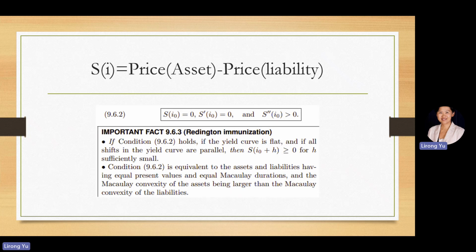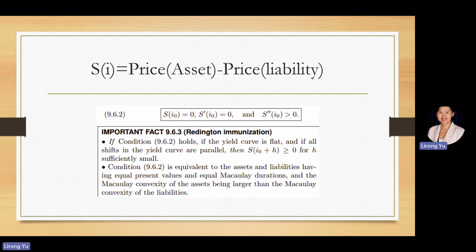Another thing is that the asset should have a higher second derivative than the liability, so the second derivative of S is positive. This is the reasoning behind formula 9.6.2. So here we mention Redington immunization.